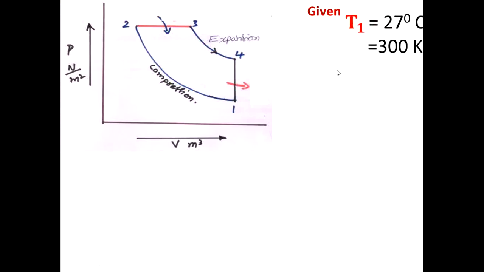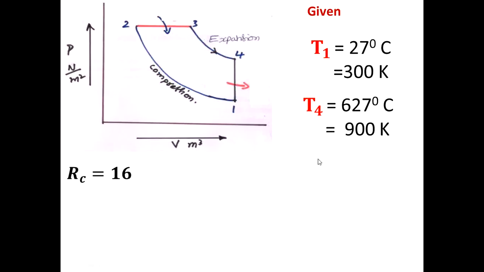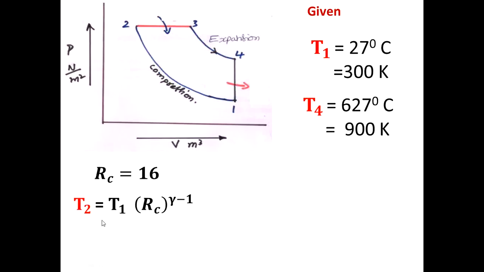Then note what is given: T1, and T4, the temperature after expansion, 627 degrees Celsius. Convert both into Kelvin, and the compression ratio is given. You know the temperature relations for each process: T2 is equal to T1 rc to the power of gamma minus 1.